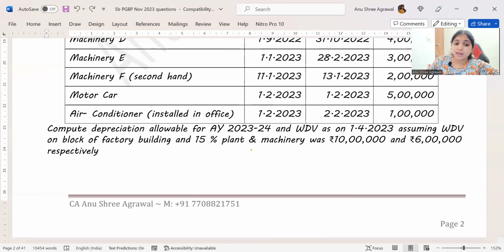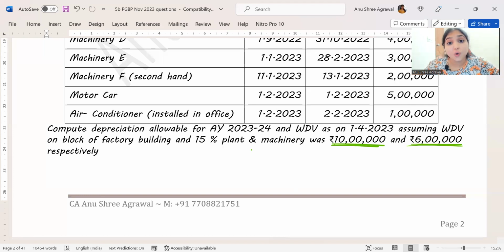Then what else? They're asking us to compute depreciation allowable for assessment year 23-24 and WDV on 1st April 2023, assuming WDV of block of factory building and 15% plant and machinery was 10 lakhs and 6 lakhs respectively. What is this 10 lakhs number? What is this 6 lakhs number?